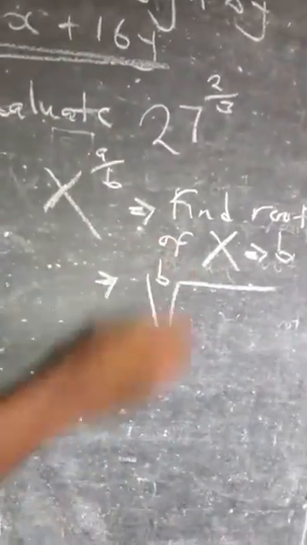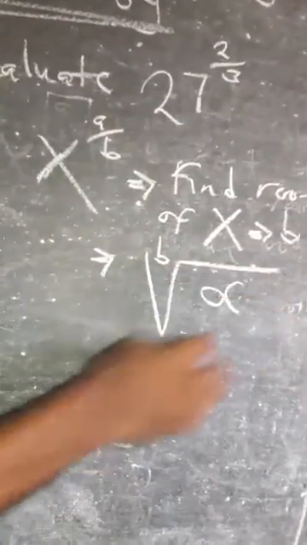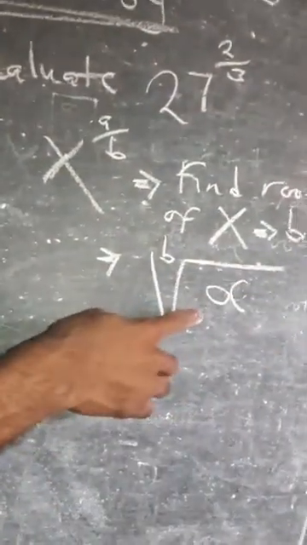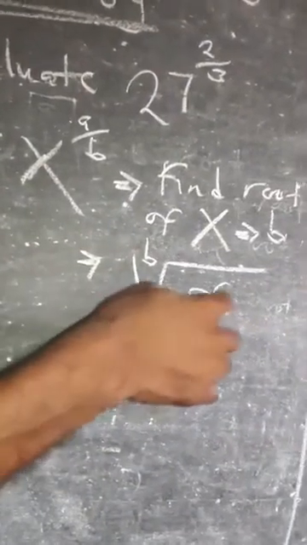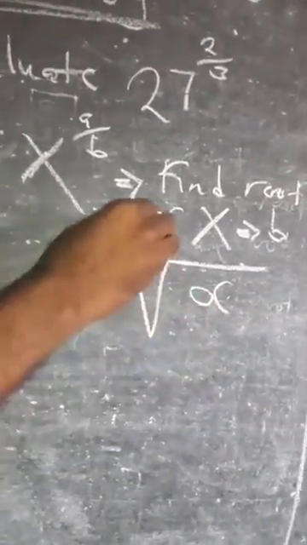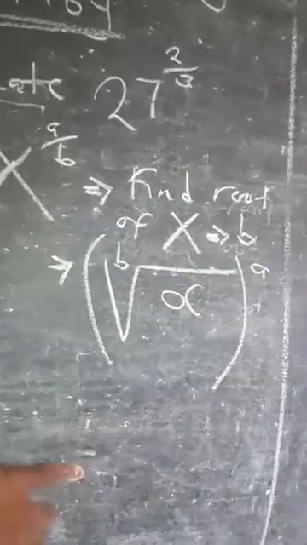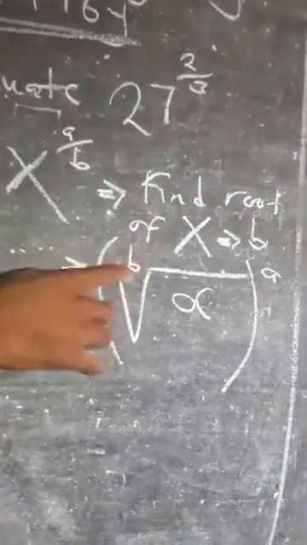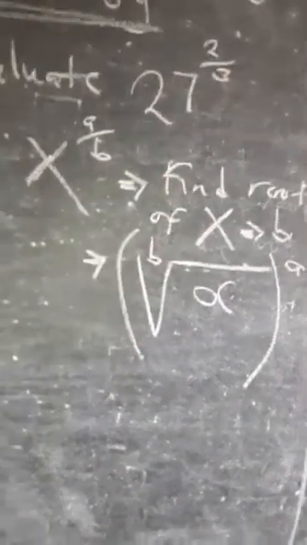So if there's a 2, that's your square root.